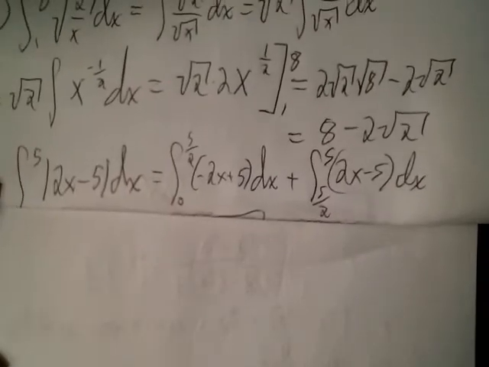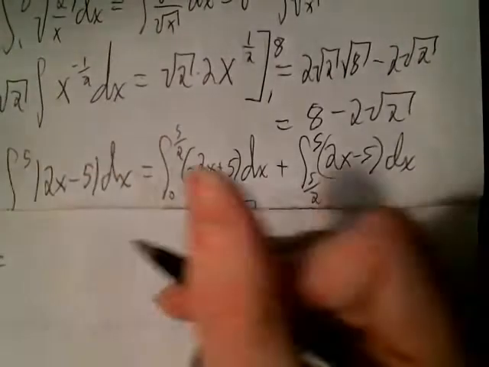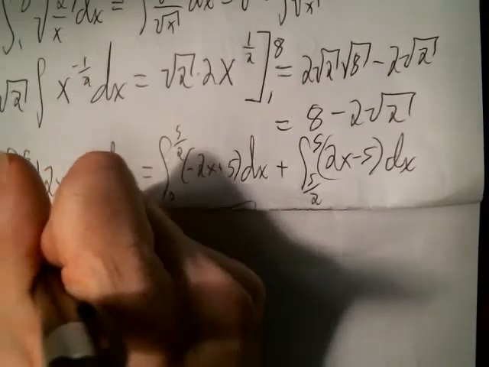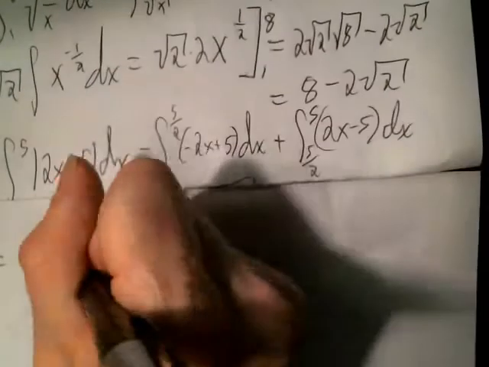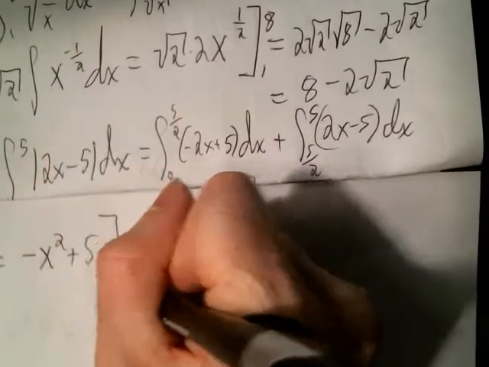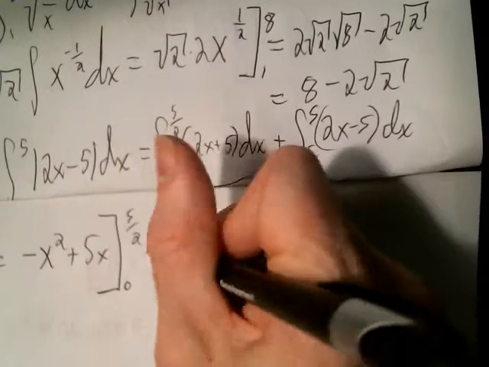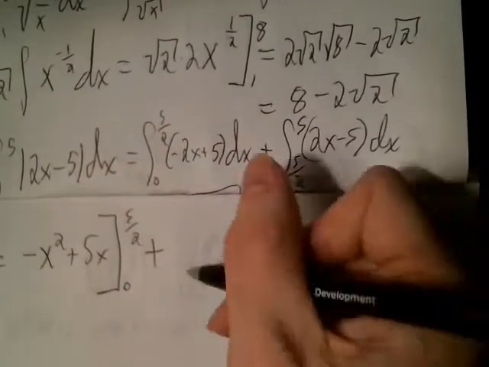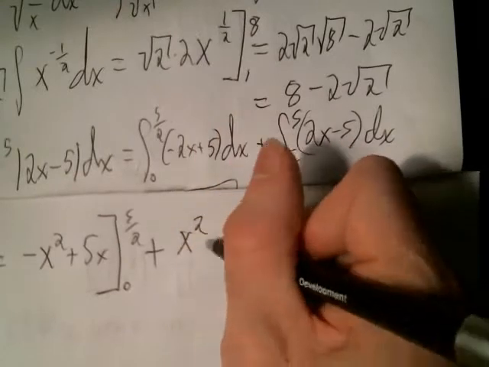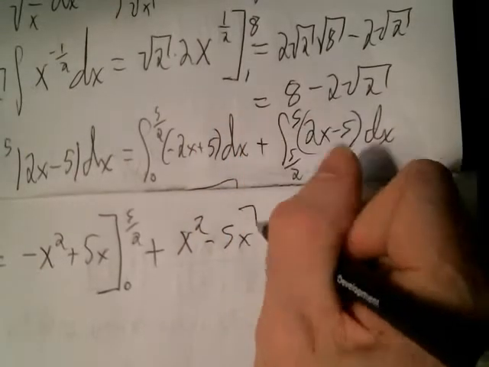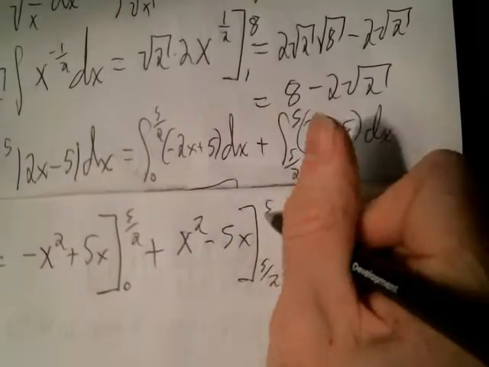This first integral then, the antiderivative, negative 2x squared over 2, so negative x squared, and then plus 5x, and I need to evaluate from 0 to 5/2, plus this other integral, so 2x squared over 2 is just x squared, minus 5x from 5/2 to 5.